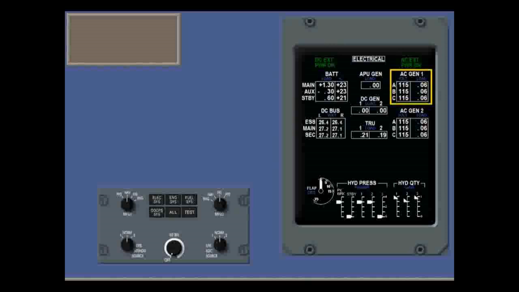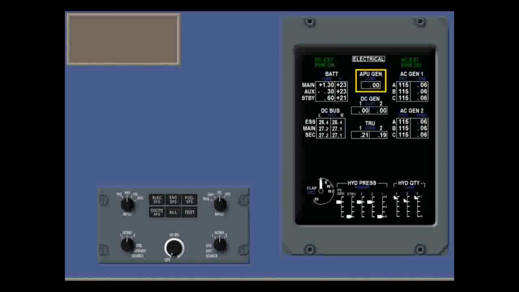On the AC side are the voltage and load on the three phases of generator 1 and generator 2. Again, the load is a percentage, so phase A of AC Gen 1 is 60% of maximum, and phase C of Gen 2 is overloaded at 130% of maximum.